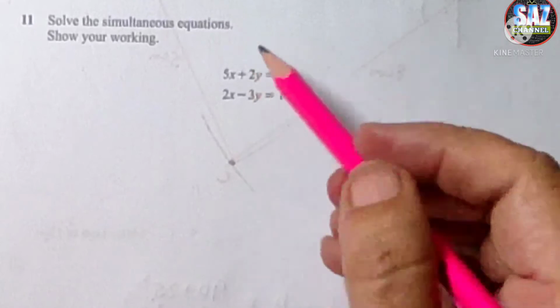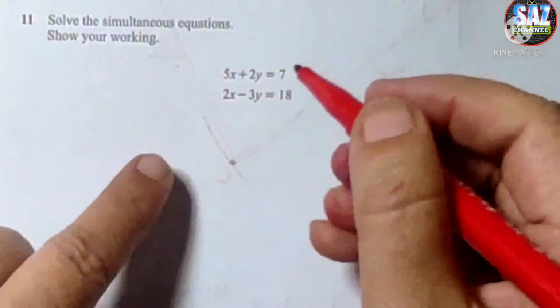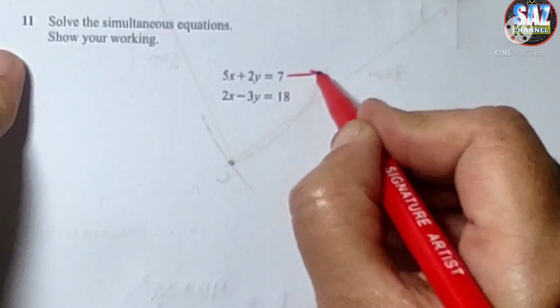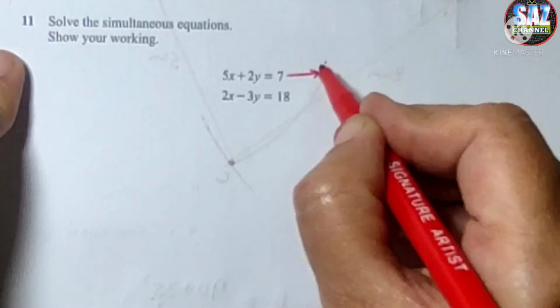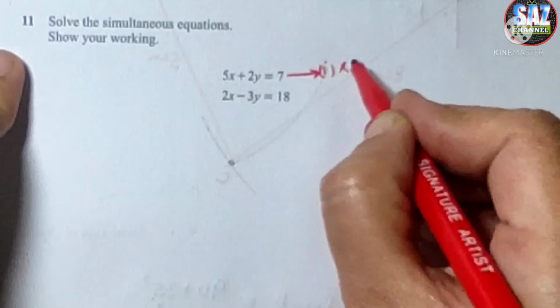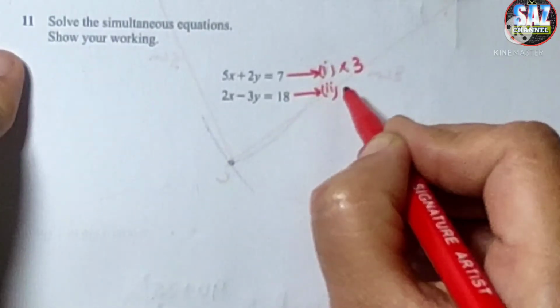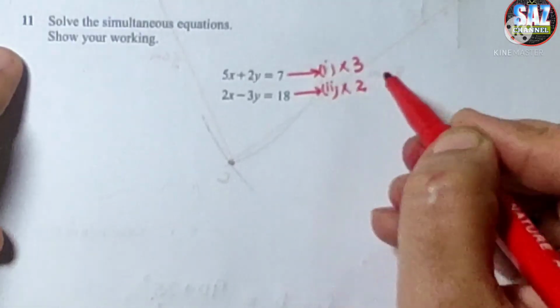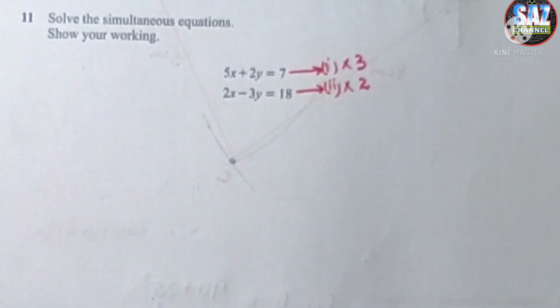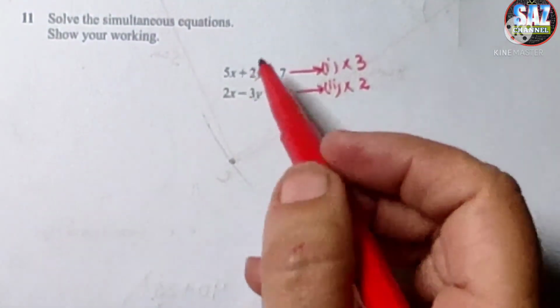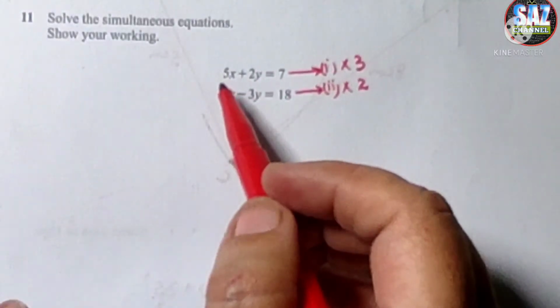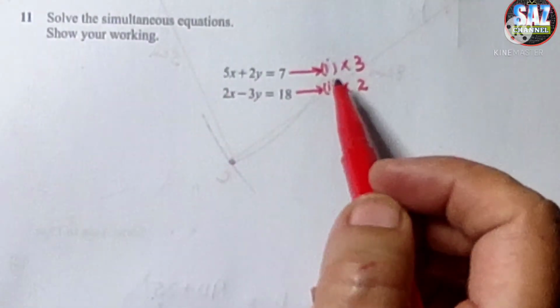So in order to make the coefficient 6, we have to multiply equation 1 by 3 and equation 2 by 2. So be careful. This is again a common error, that students mostly multiply one side of the equation by the number for balancing, not the other side.